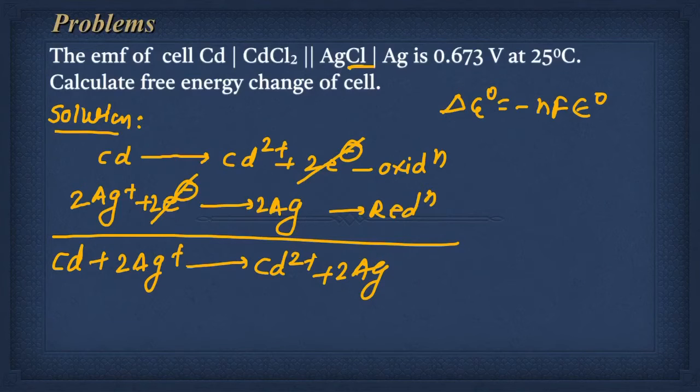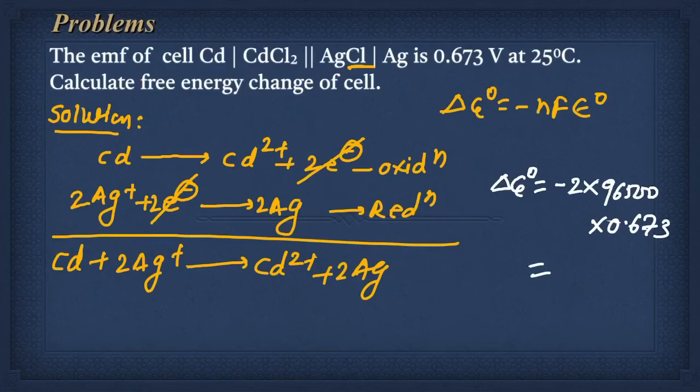So here we got the n value, the number of electrons involved in this reaction, that is 2. So n will be 2. Now put this value in this equation. Delta G standard is equal to minus 2 multiplied by F, where 1 Faraday is equal to 96,500 coulomb, multiplied by E standard which is given as 0.673 volt.